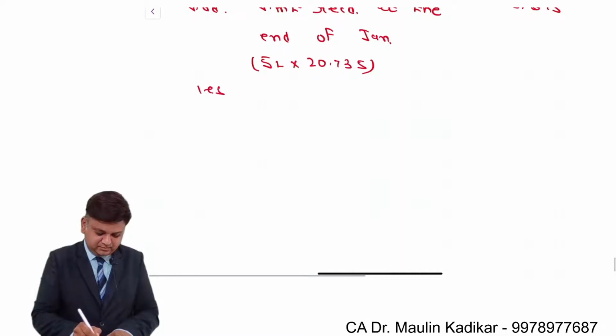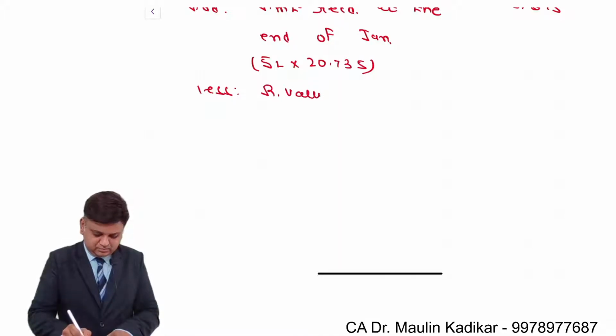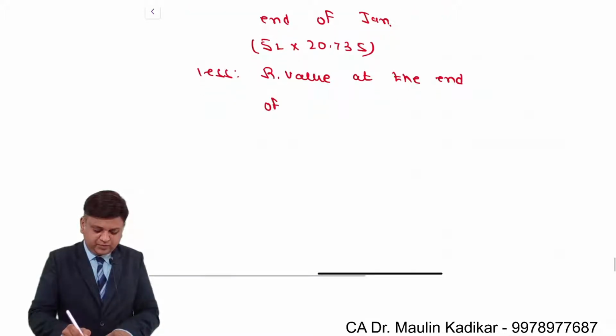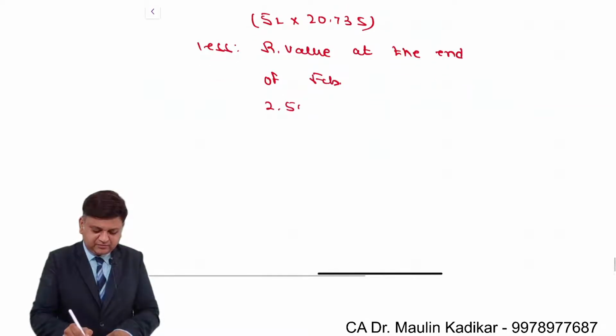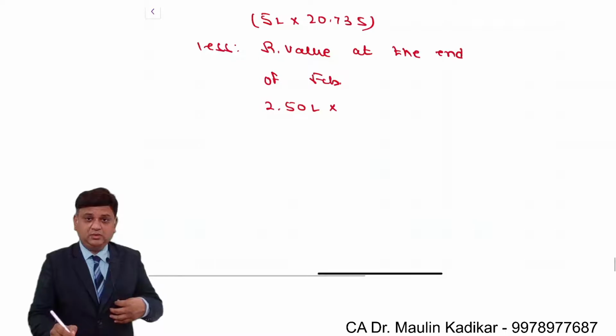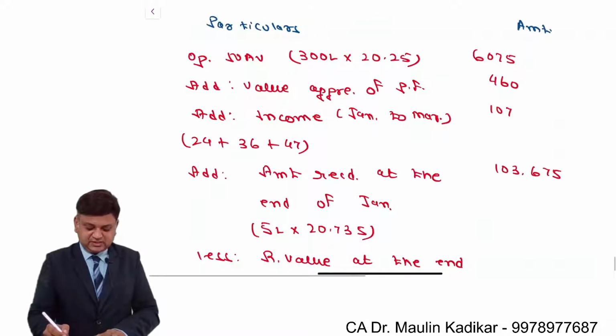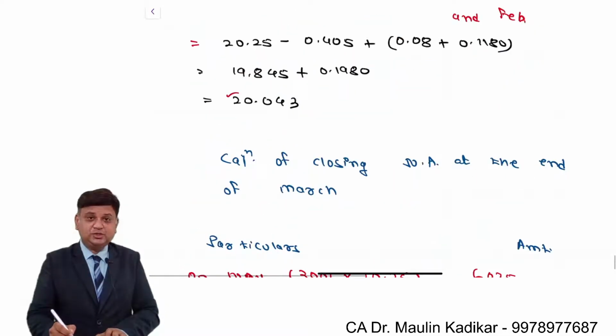Less redemption value at the end of February. It is 2,50,000 number of units into the redemption price is 20.043.